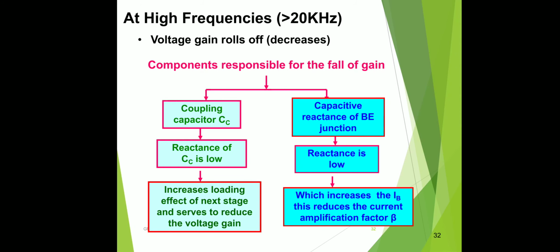Physically there is no capacitor connected between the base and emitter terminals, but there are internal capacitors, we can say inter-electrode capacitors. Due to these two capacitors, the gain decreases above 20 kHz.